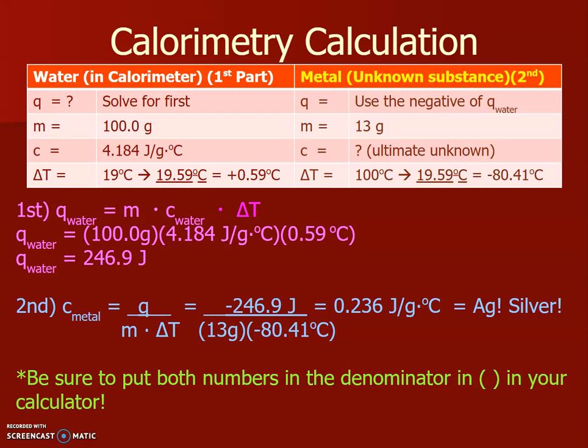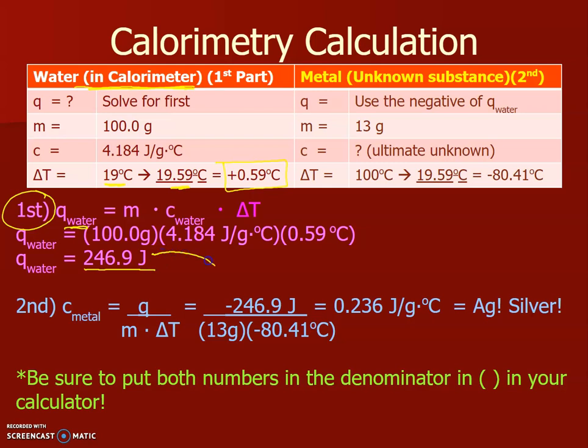So to review, what we did is first we figured out the Q of the water, how much energy the water in the calorimeter is going to absorb. It was 246.9 joules. We know the water went from 19 to 19.59, so it increased 0.59 degrees Celsius.